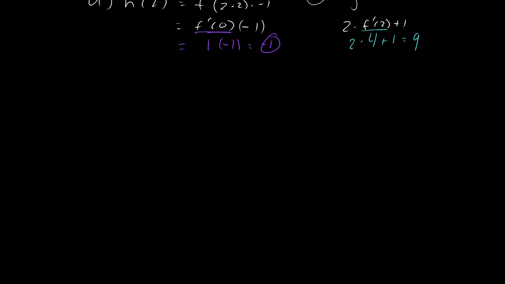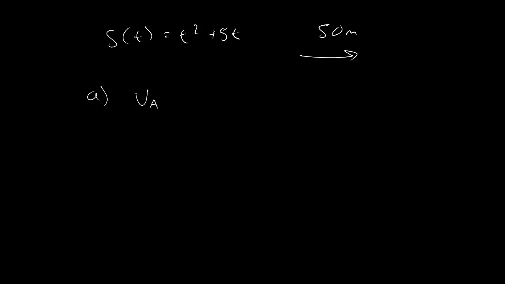Number 7. So I'm given this function. An alien runs a 50-meter dash, so that the distance is modeled by this. A says find the average velocity over the interval 1 to 4.